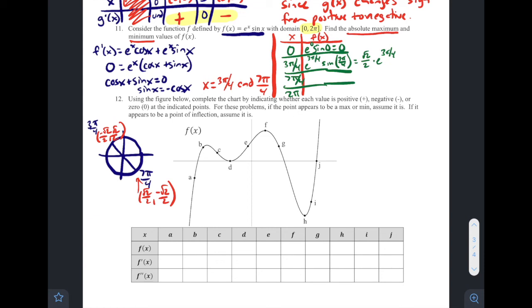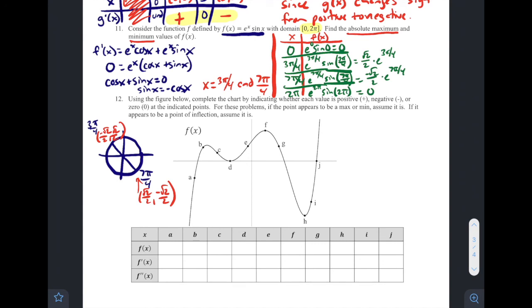For 7 pi over 4, we've got e to the 7 pi over 4 times the sine of 7 pi over 4. At 7 pi over 4, sine is the y value. That's negative here. So that's going to be equal to negative root 2 over 2 times e to the 7 pi over 4. And then at 2 pi, we've got e to the 2 pi times sine of 2 pi. Sine of 2 pi is going to be 0, so that whole thing's going to be equal to 0.